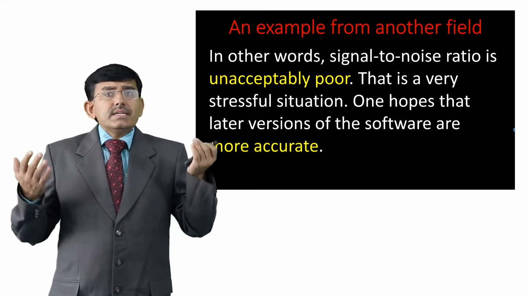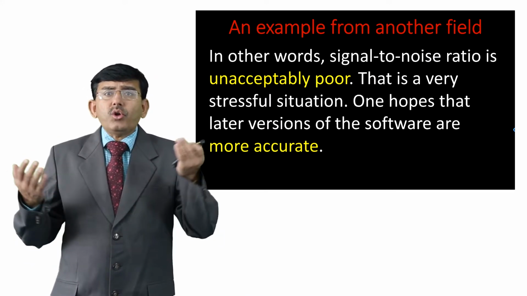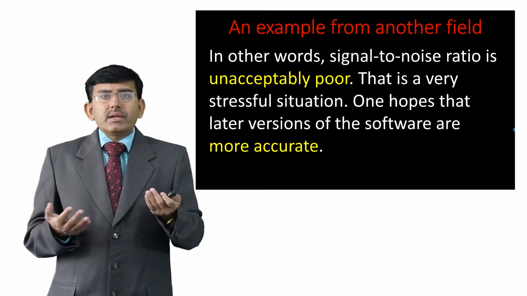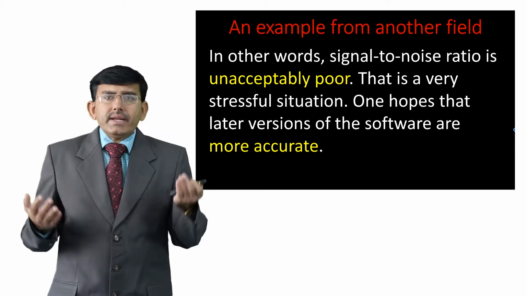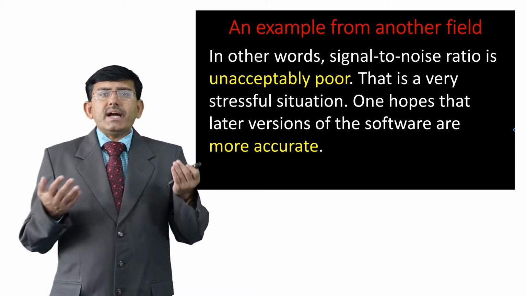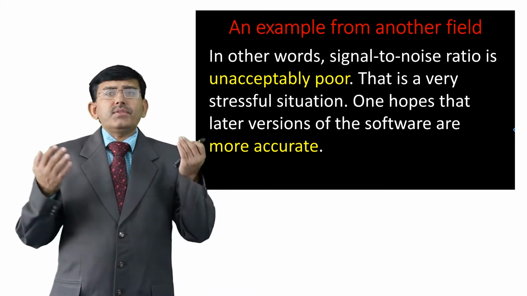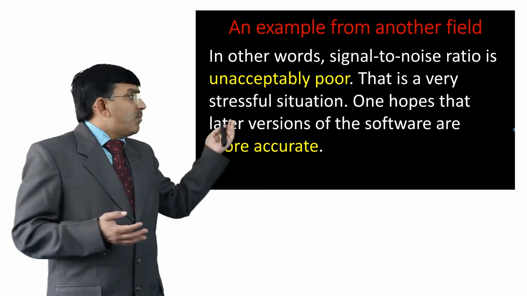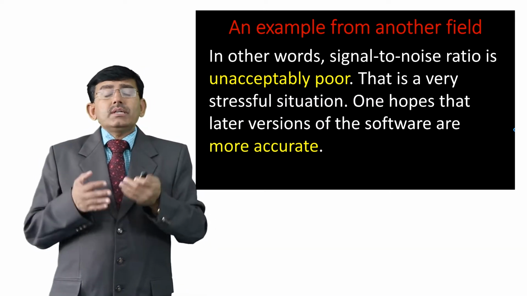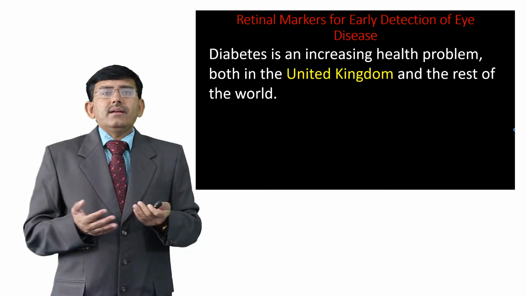In other words, the signal to noise ratio is unacceptably poor. That is a very stressful situation. One hopes that later versions of the software are more accurate and better at diagnosing positive results.